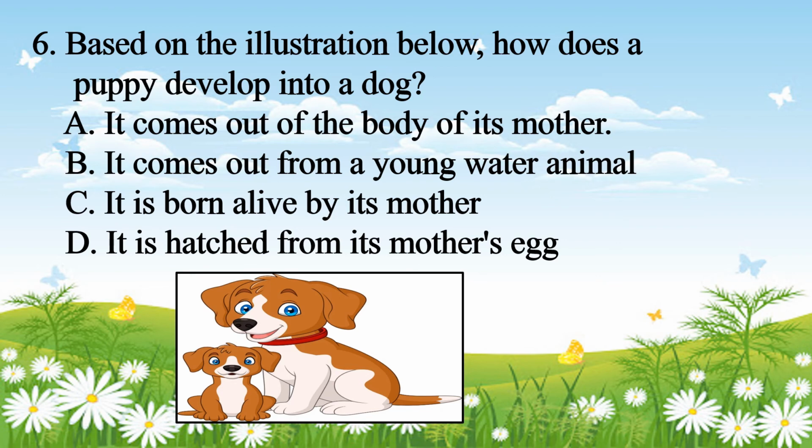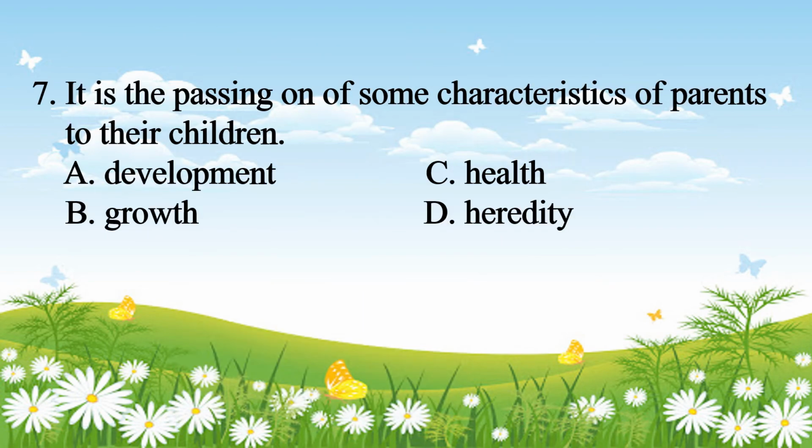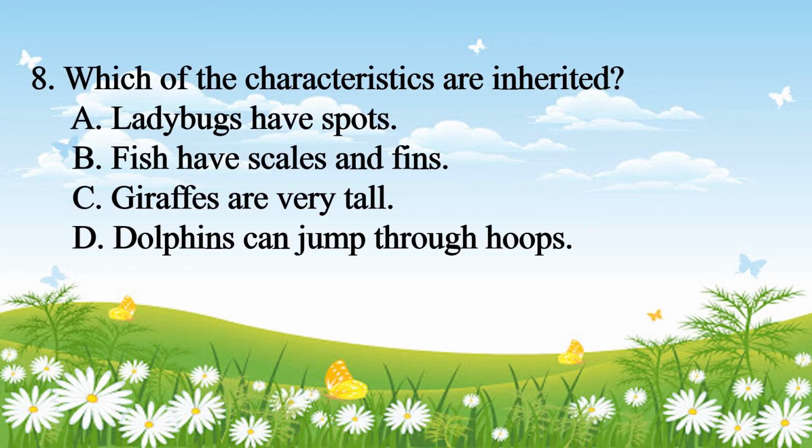D. It is hatched from its mother's egg. Number 7. It is the passing on of some characteristics of parents to their children. A. Development, B. Growth, C. Health, D. Heredity.